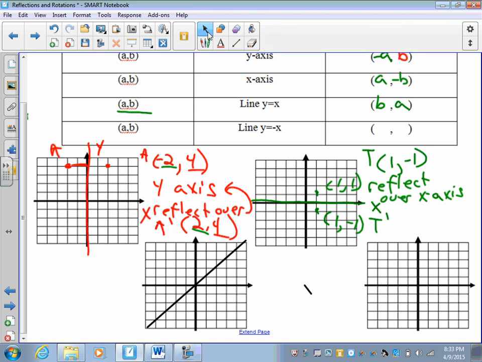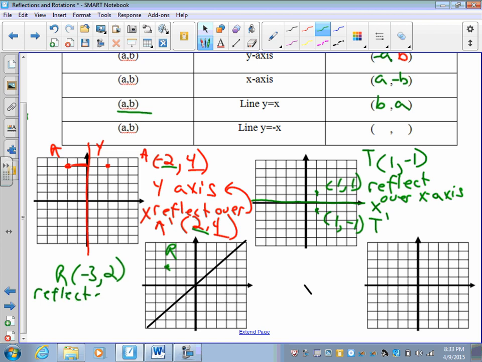And I want to pick a point. How about -3, 2. We're going to call this point R. So R is going to be -3, 2, and I want to reflect over y equals x. Basically for R prime, we're going to switch, so 2, -3.